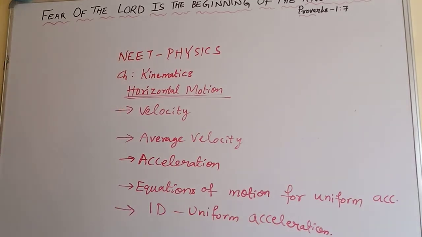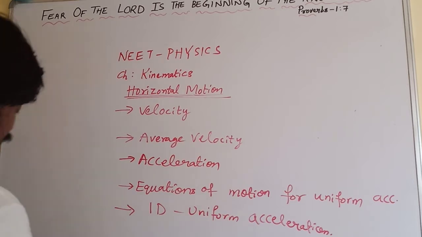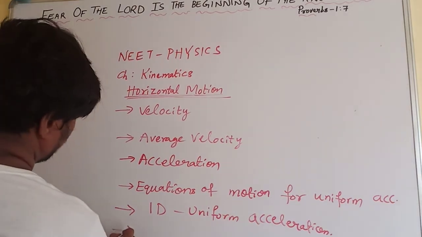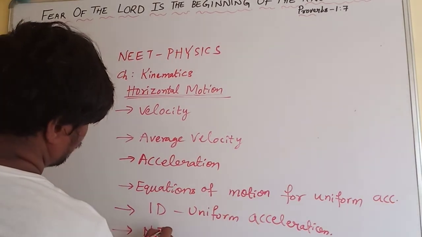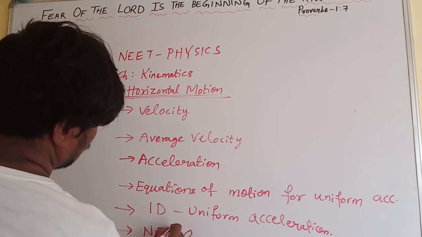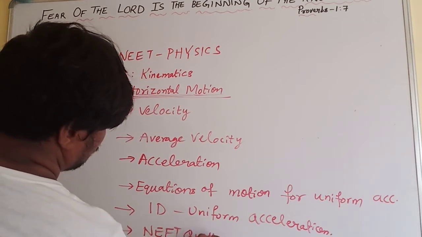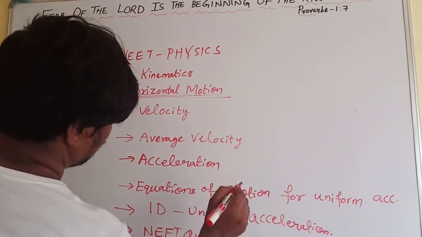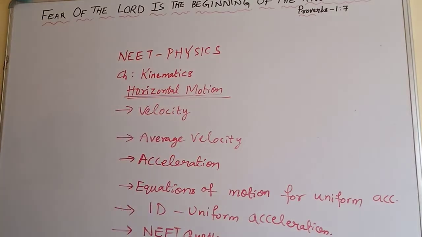And not only this, we are going to discuss very important points to solve the NEET questions. Just we'll discuss all these points, and then we are going to the problems related to this horizontal motion.